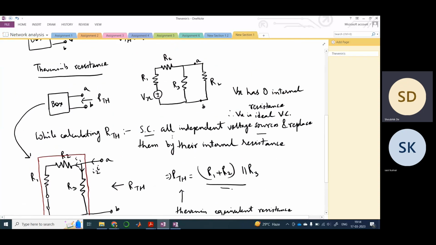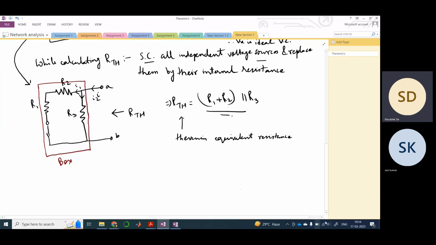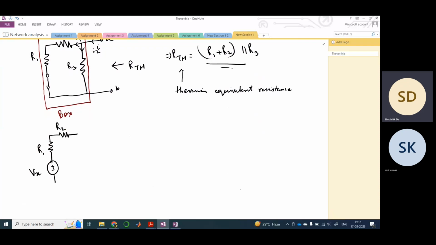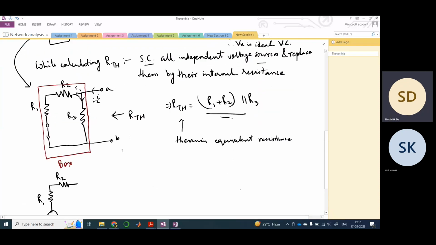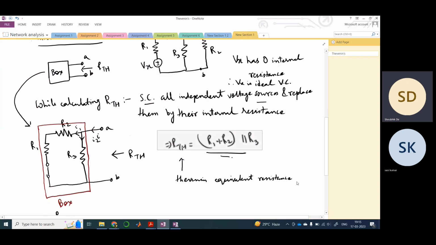So in this circuit, what will we do in order to calculate the VTH? We have this circuit R1, R2, and this is our Vx. While calculating Thevenin resistance, you need to short circuit all independent voltage sources, and there is another rule here.